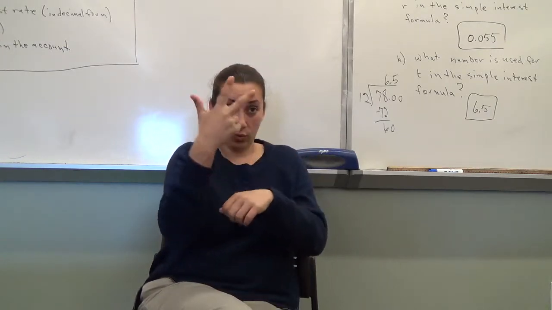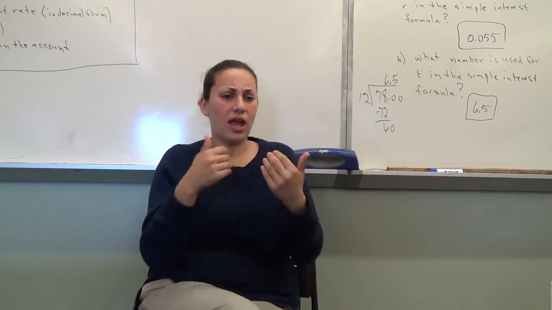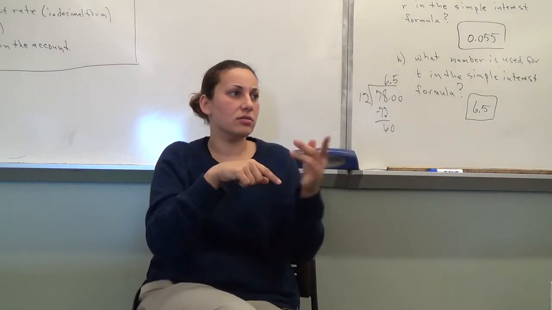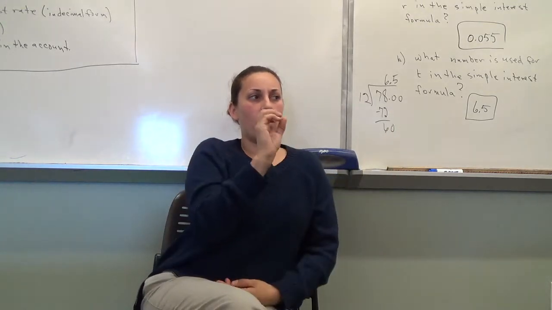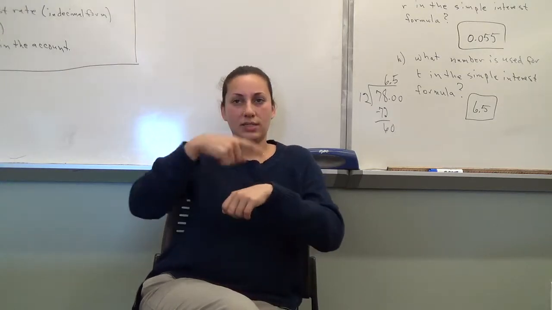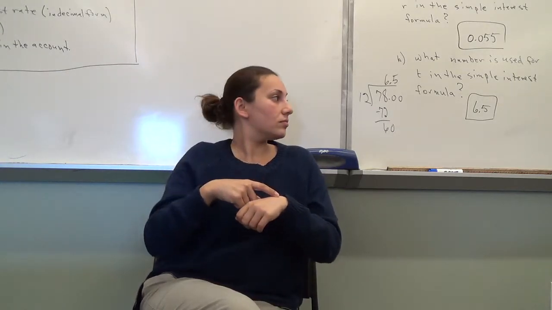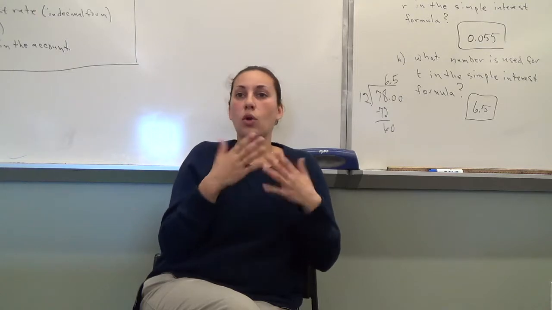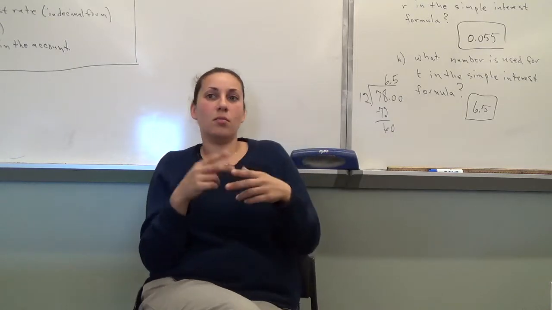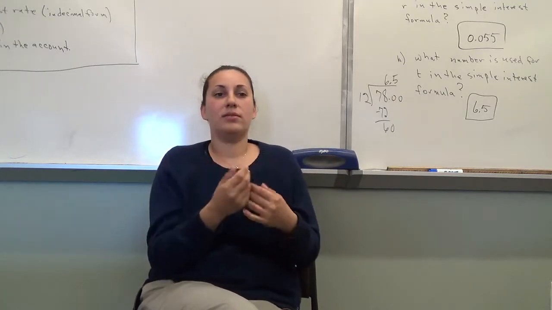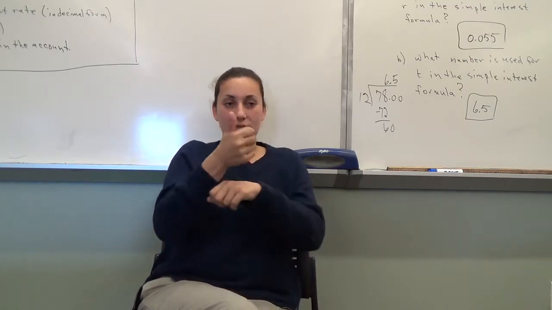Your calculator should have an exponential. You've got to raise the 1.08 to the third power first, before you multiply it by the 1,000. You don't want to multiply this times this and then raise it to the third power, because you'll get a humongous number. You do your exponent first. What is 1.08 cubed?